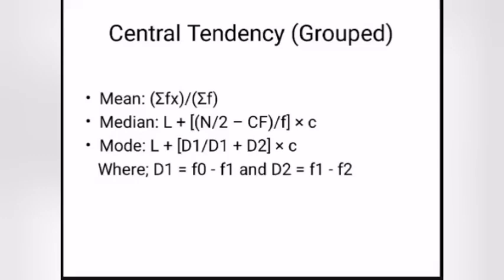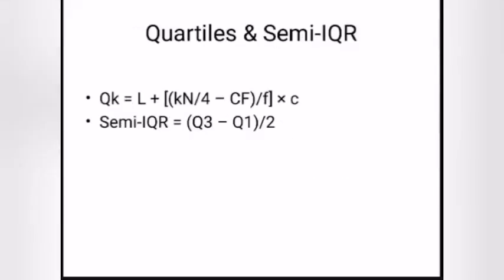Okay, so data 1 is f naught minus f1, and data 2 is f1 minus f2. So quartile and semi-interquartile range. Qk can be Q1, Q2, Q3, Q4, and so on, where k is just showing the number there.